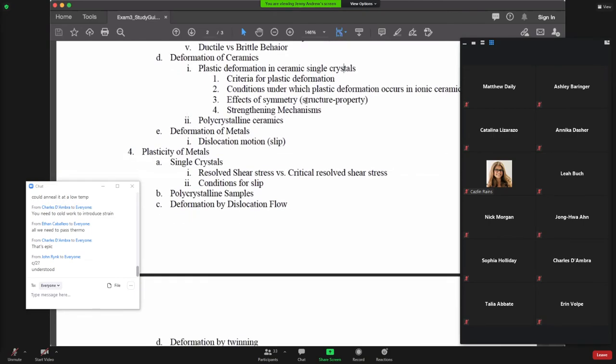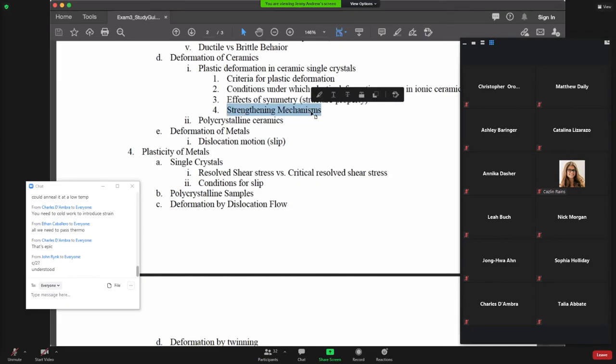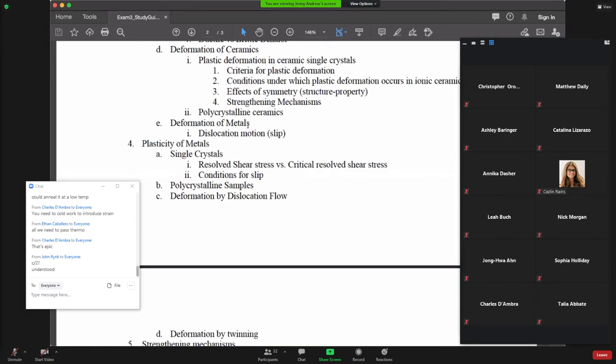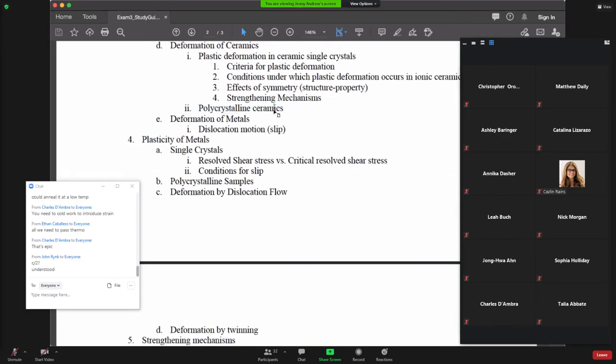And we talked about the effects of symmetry. And if you for some reason find yourself with a ductile ceramic, which you're probably not really going to happen, they could be strengthened in the same manner as you would a metal, and we'll get to that in just a moment. Polycrystalline ceramics, they're pretty much going to be brittle.